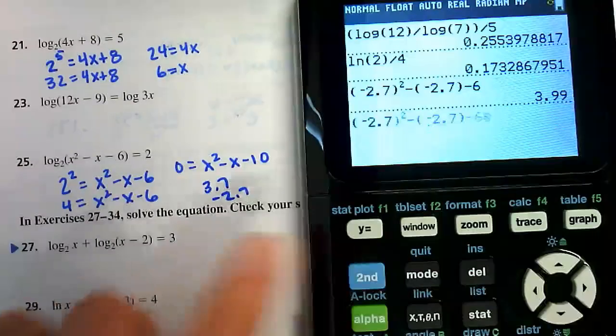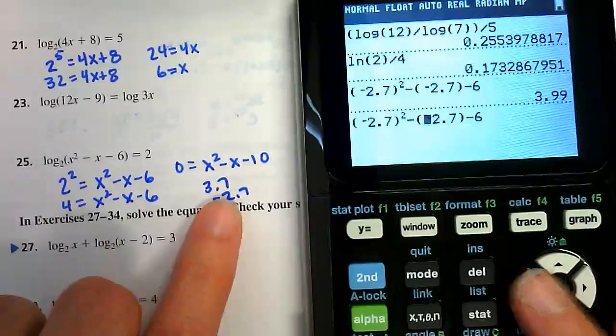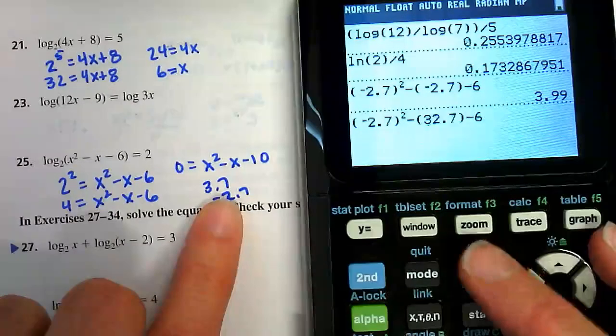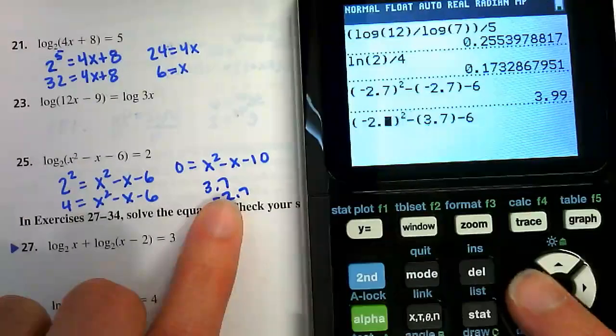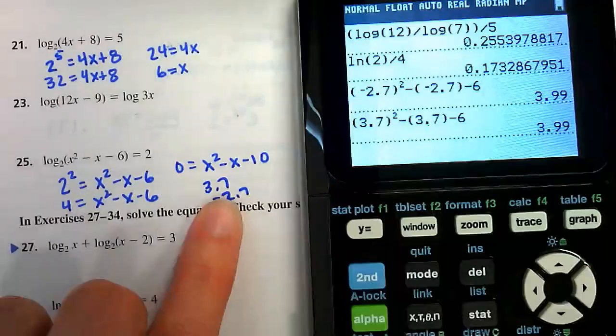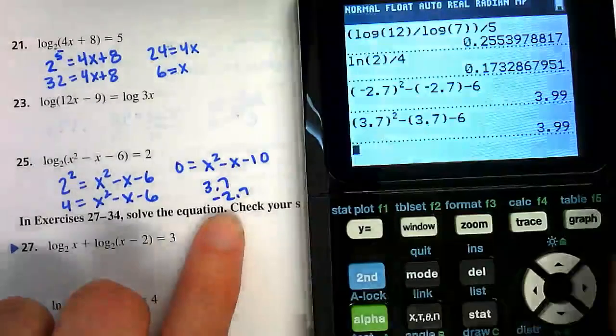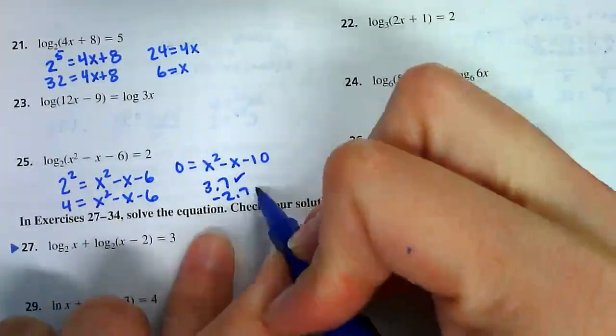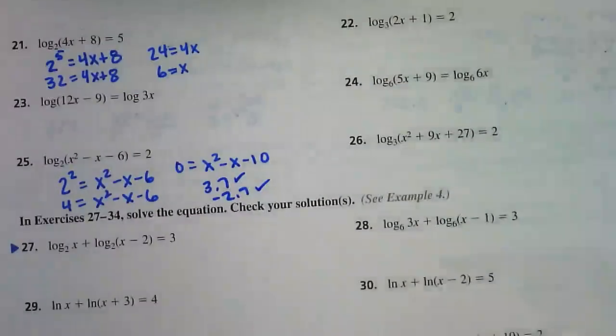And then if I want to just type the same thing in again and change this to 3.7, I can just type over it. It saves me a little bit of time. And I get a positive number, so I'm good. So both of those work. So this one I have 2 solutions. Okay, that's it for that section.